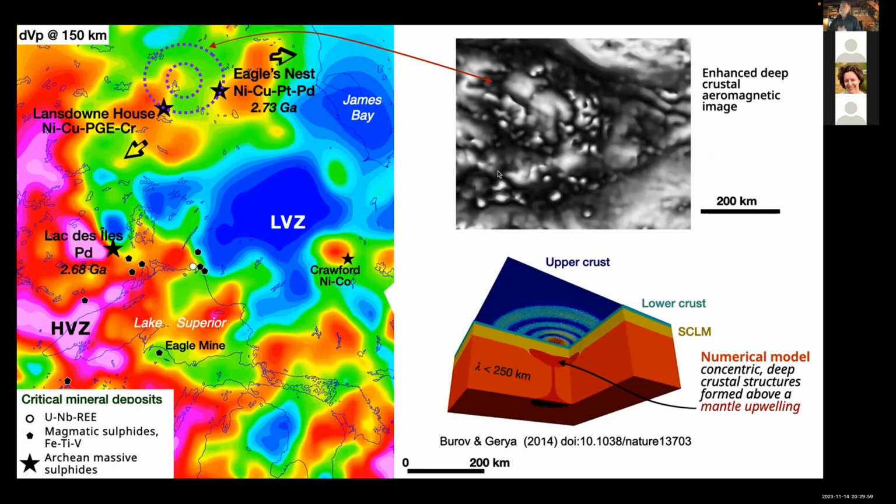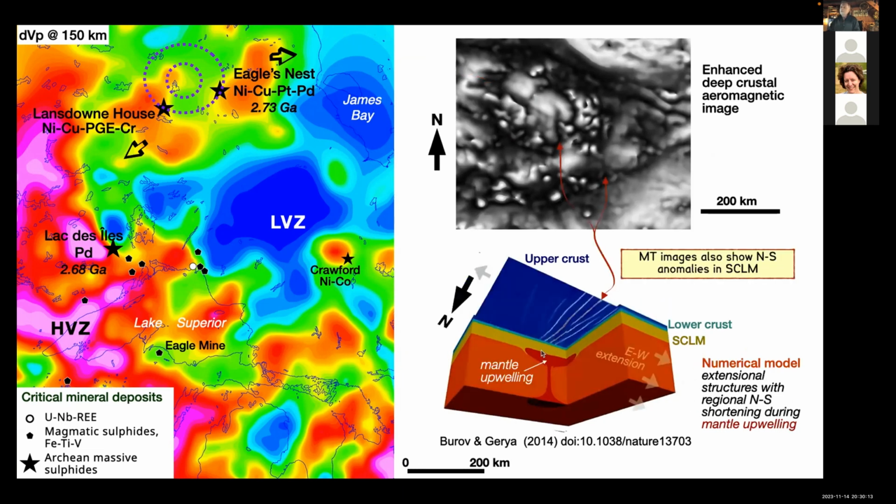And so these concentric structures, in comparison with these numerical models here by Burov and Gerya, I'm interpreting as being due to mantle upwellings, and these were along the Superior Province. And it's interesting that in these models, when a regional stress field is imposed in that numerical model, we see these linear extensional structures, whether they're tensile fractures or normal faults, and these parallel the imposed maximum compression direction.